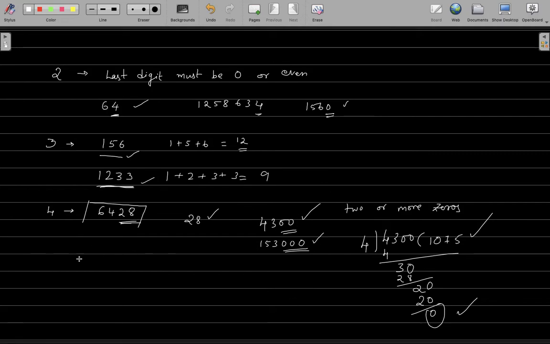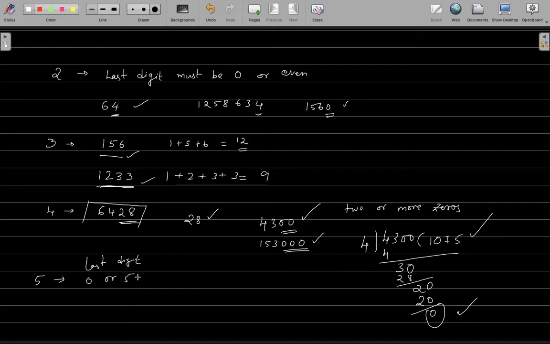Now when do you say a number is divisible by 5? It is divisible by 5 only if the last digit of the number is either a 0 or 5, right? If it is 0 or 5, you can say that the number is divisible by 5. If the last digit is 0, then the number is divisible by 2, and the number is divisible by 5 also.